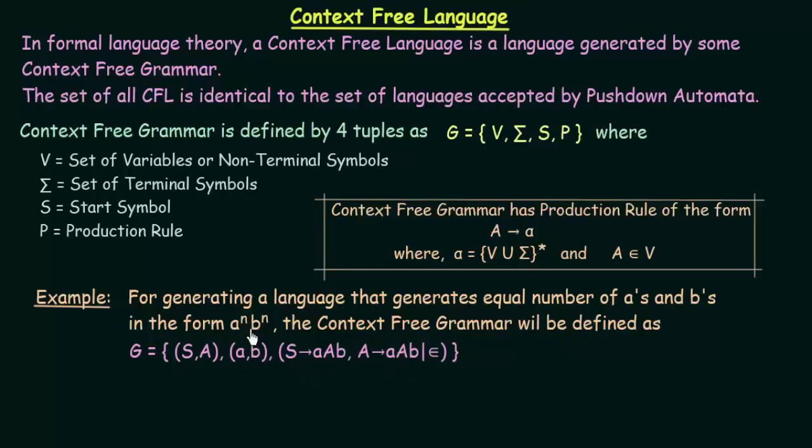If you remember, we have taken this example a few times when we discussed regular languages, and we already saw that a language that generates strings of the form a power n b power n, where the number of a's is exactly equal to the number of b's, is not a regular language.